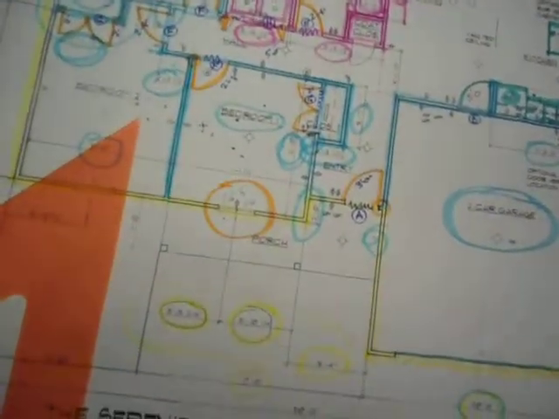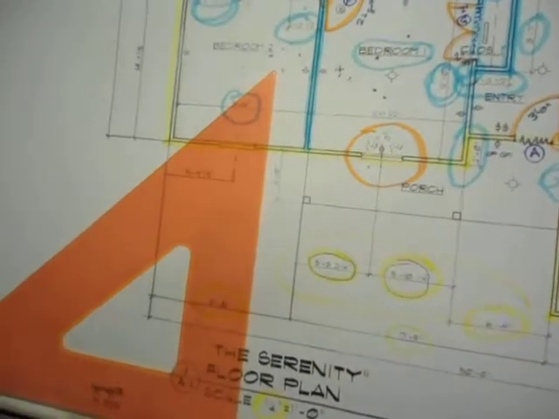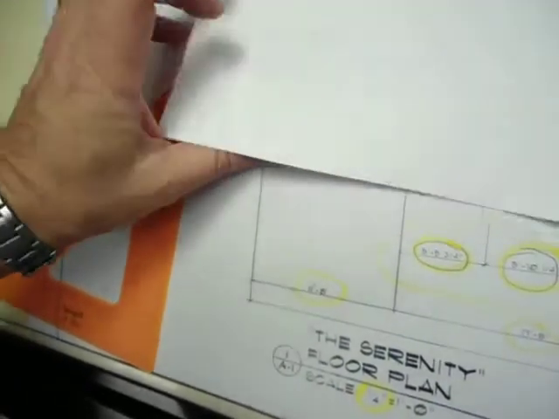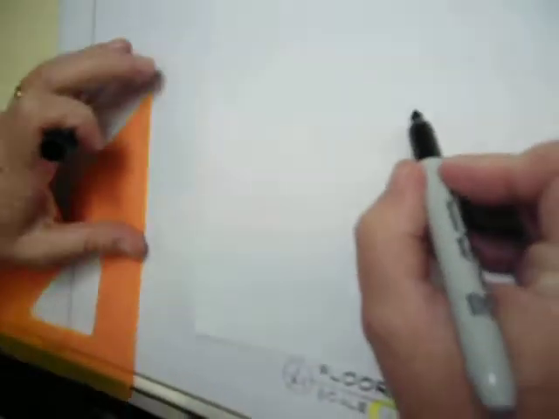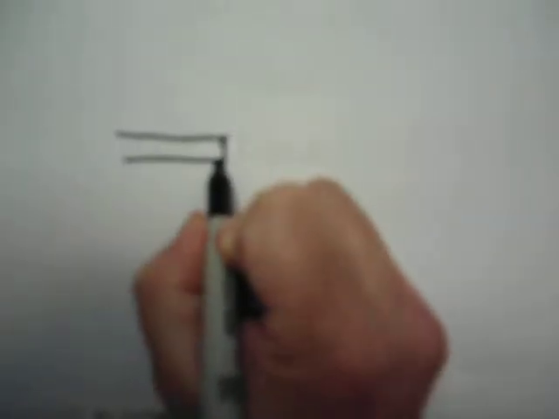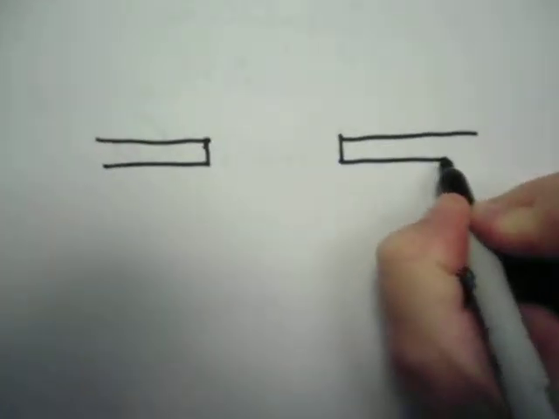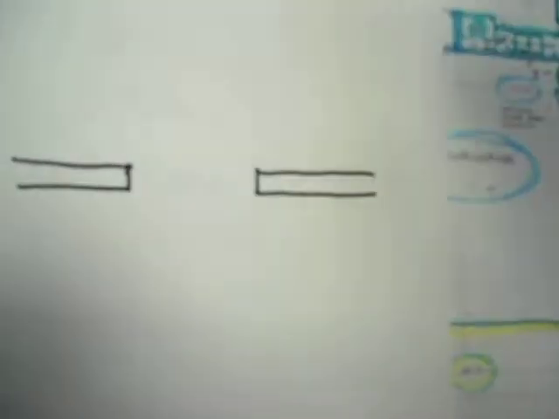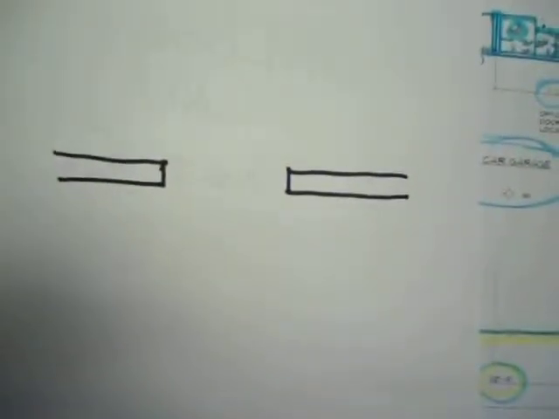Let me get my camera straightened out here. Let me get a larger piece of paper and see if I can explain that a little easier to you. Again, if this is your window opening right here, and again, I'm doing this freehand, that's your window opening, and we have said that is 3 foot wide for this window.